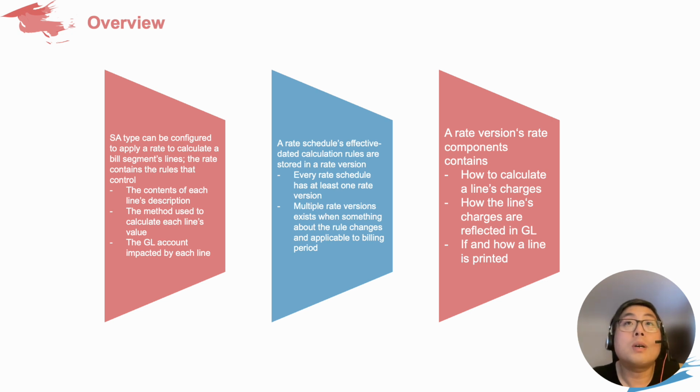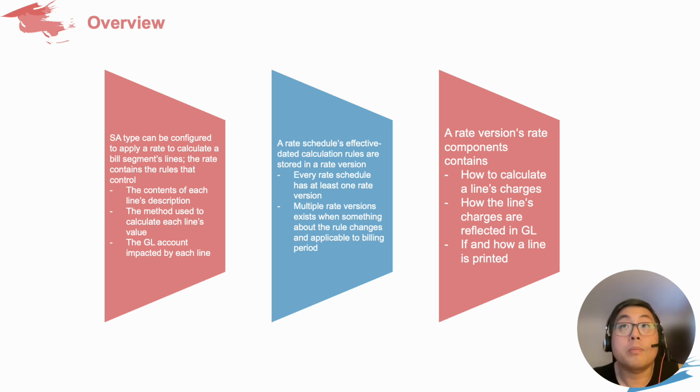So over here, for every rate schedule, we have at least one rate version. Multiple rate versions exist when something about the rate changes, about the rules changes and applicable to the billing period. At the same time, you could only have one rate version applicable to the service agreement.